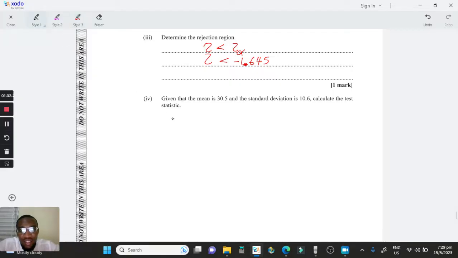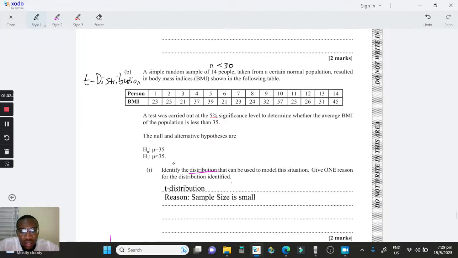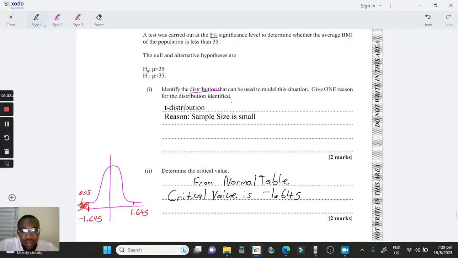Now it says, given that the mean is 30.5 and the standard deviation is 10.6, calculate your test statistic z. Remember, our test statistic z is x bar minus mu divided by sigma over the square root of n. But remember, this is a t distribution. I didn't even mention the n minus 1 degrees of freedom.